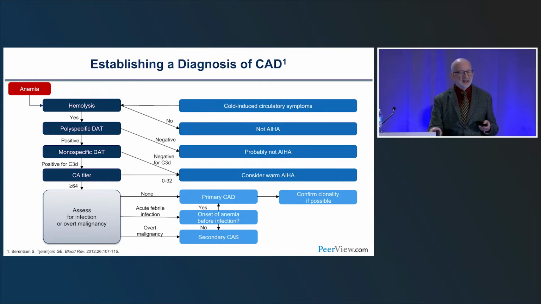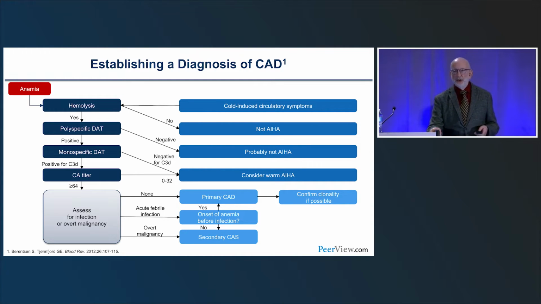That is a typical and mandatory but not sufficient criterion for a diagnosis of cold agglutinin disease, because DAT positive for C3d just is an indication of sufficient complement activation.